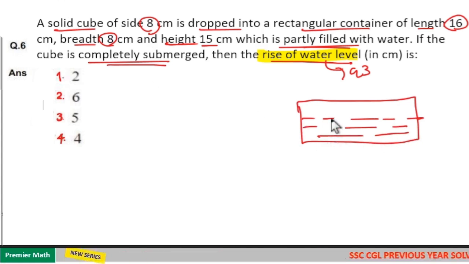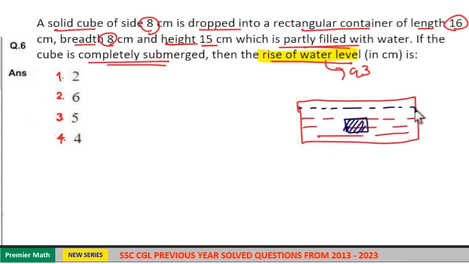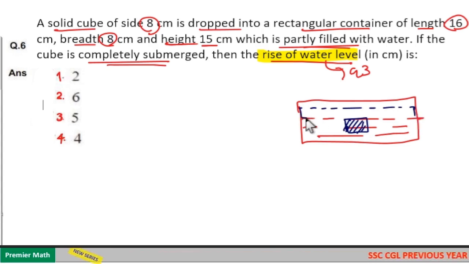Now, a cube is dropped into it and it is submerged, which means the volume of this cube is equal to the rise of water level, that is volume of the rise.